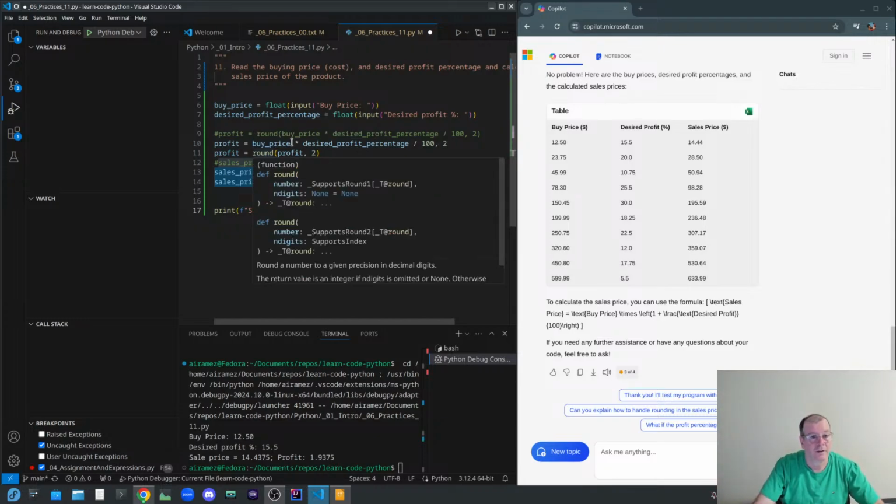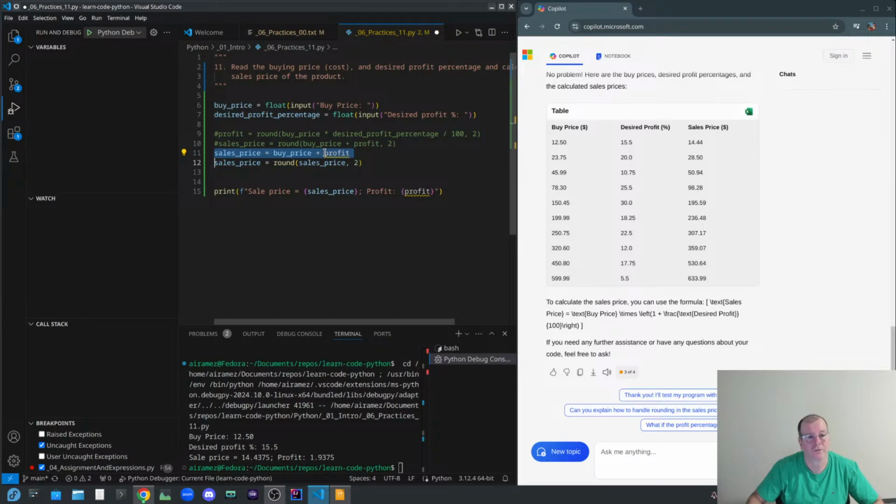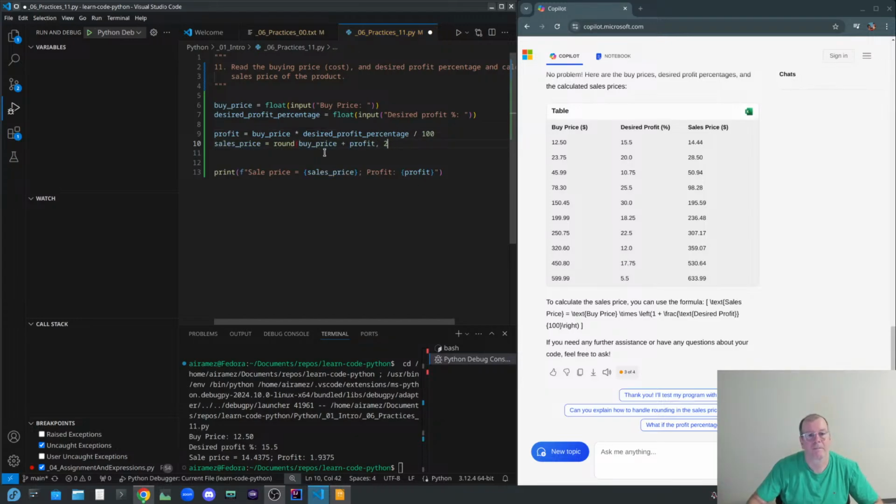I hope I'm not confusing. What I'm trying to say is that when you do rounding, it's very common to not do rounding in the middle of the processing. We just do our calculation, as we did initially.